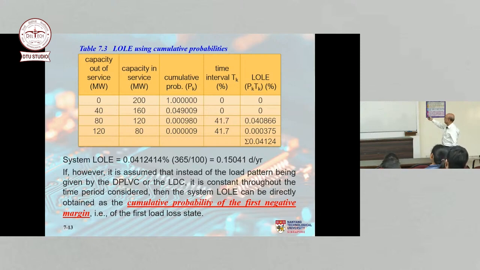Do the same thing, PK, TK, and you will get this multiplied by 365 over 100. It's the same result. The loss of load expectation is unique, okay, 0.15. Very soon we will see what happens to this value when we include uncertainty.